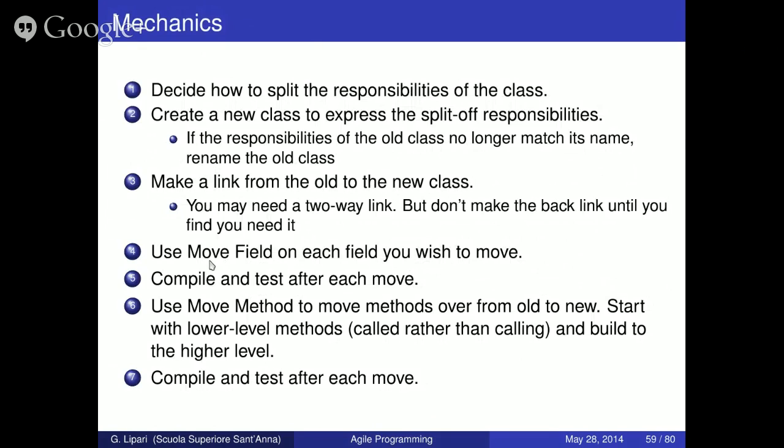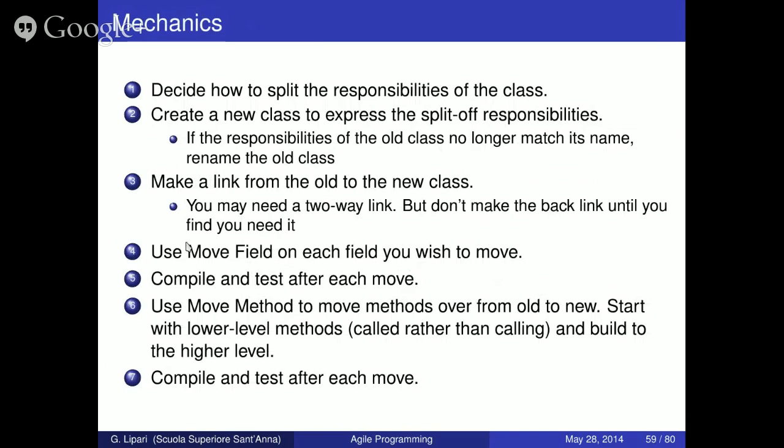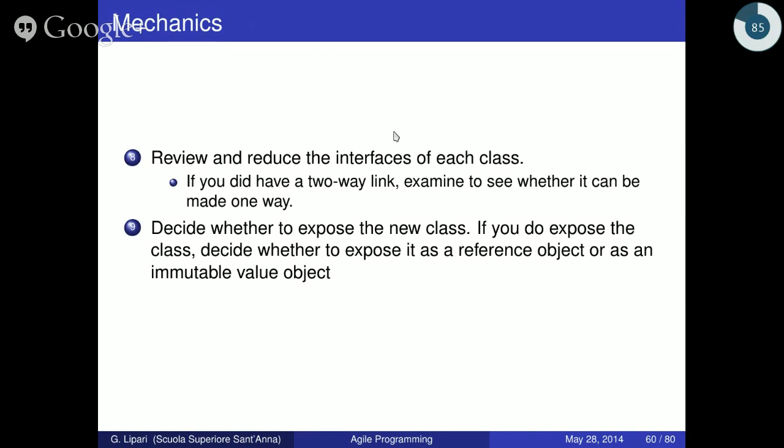Then you use move field on each field you wish to move. Move field means you take the field from one class and you move it to another class. Okay? So this is a sub-refactoring method. You compile and test after each move. Then you use move method to move methods over from old to new. You start with lower level methods, called rather than calling, and build to the higher level. And after each move, you compile and test.